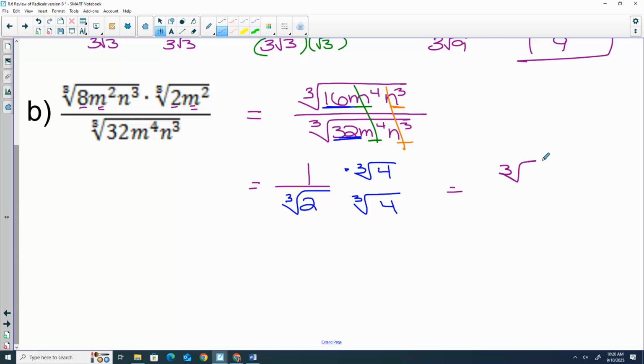We get the cube root of 4 over the cube root of 8. And the cube root of 8 is 2. So cube root of 4 over 2. Any questions there?